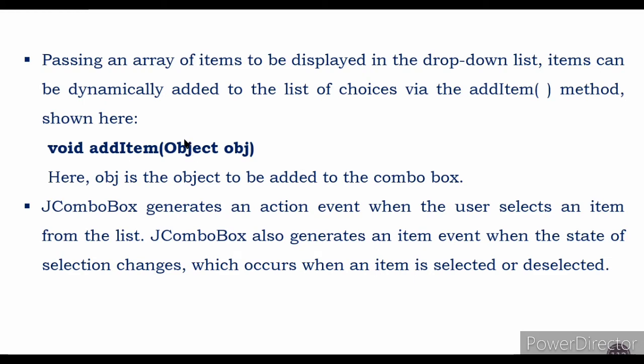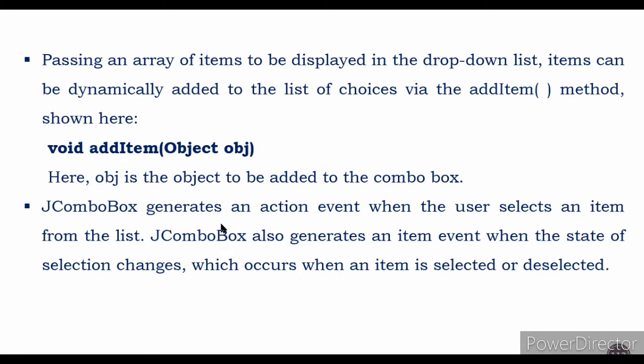Here the object is treated as J2EE; obj is the object to be added to the combo box. Meaning J2EE is treated as an object, and we add that to the combo box by using the method add item.